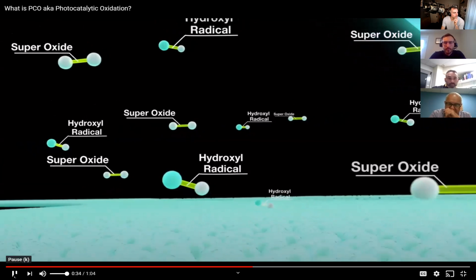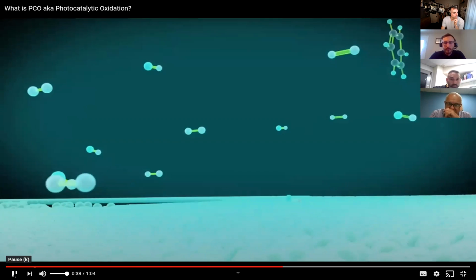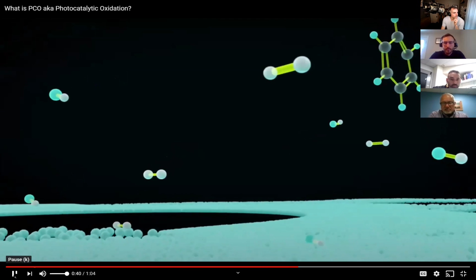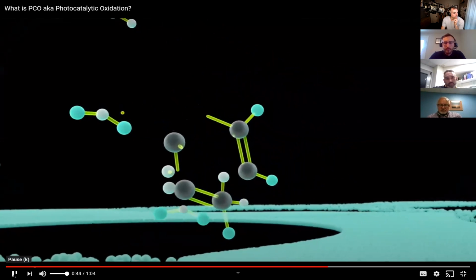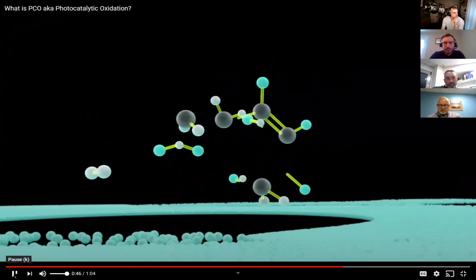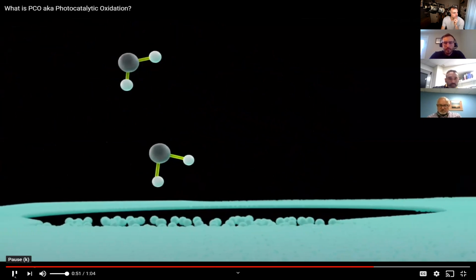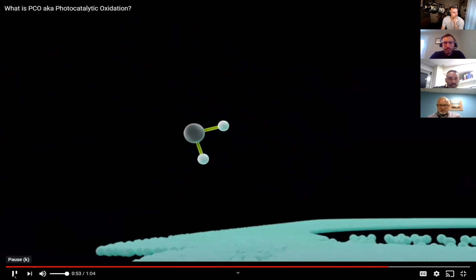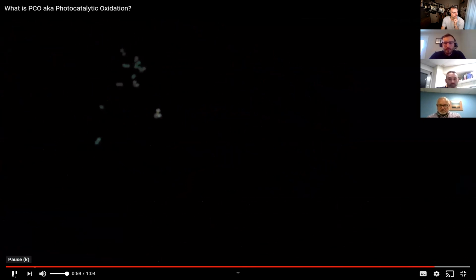Together with the superoxides, a powerful photocatalytic oxidation, or PCO field, is created. As odors, germs, mold, and other VOC organic molecules approach the PCO field, they are disassembled as the oxidizers pull electrons from them. The purification process is completed, with the remaining molecules recombining to form simple water vapor and trace amounts of carbon dioxide.